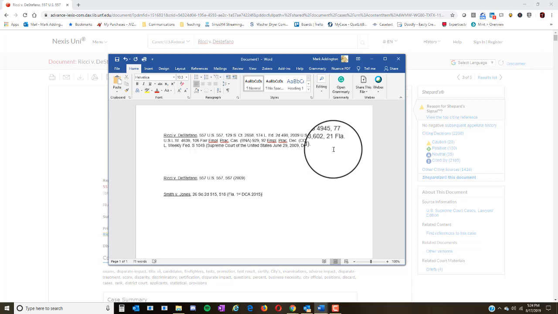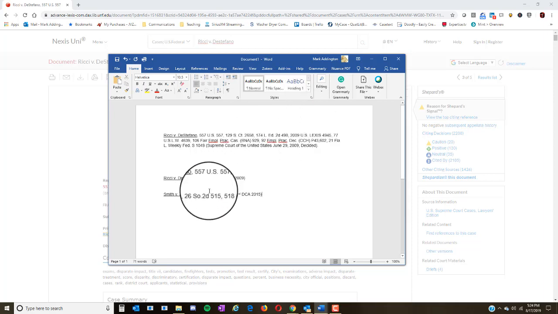So you identify the court and the year of the opinion, if you will. You have exactly where to find it in a book. The first page of the Smith v. Jones case would be on page 515 of volume 26. And if you went 3 pages back to 518, that's where you would find the specific quotation that you'd put in your work product.